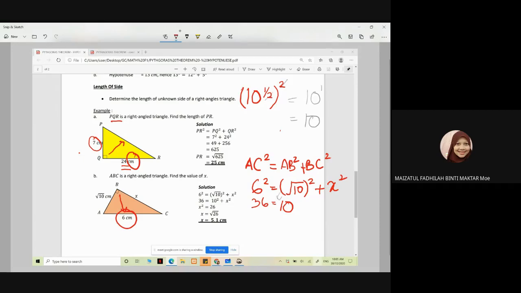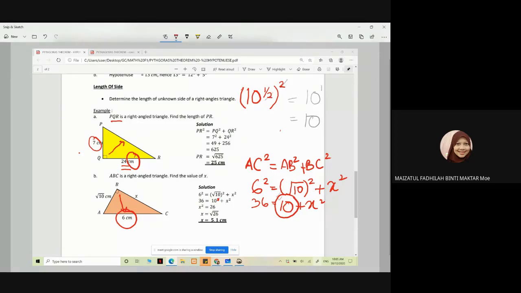So x square, we do not know x square, so you write down x square again. How do you define x square? So this one is wrong, salah tu. The square root of 10 to the power of 2, you will get 10 again.